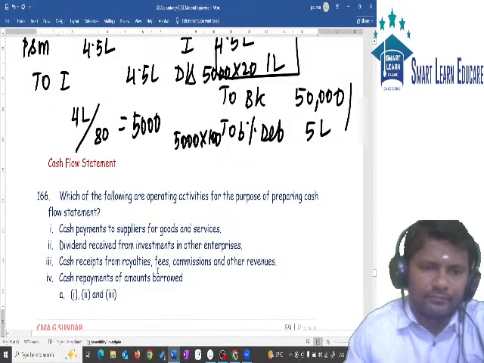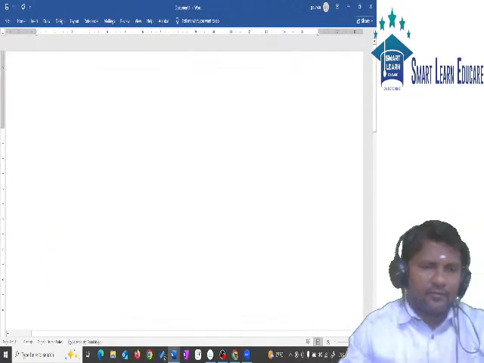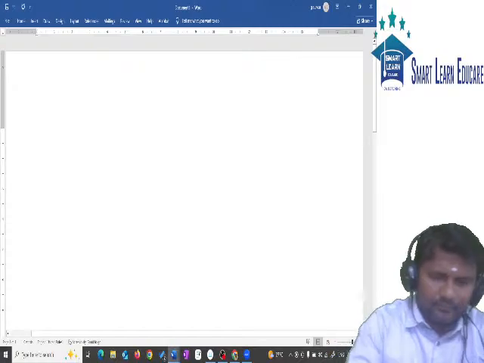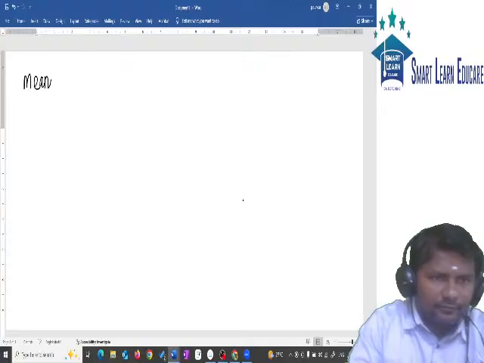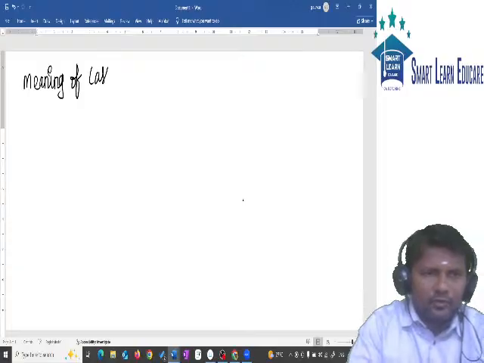First one, meaning of cash flow statement.